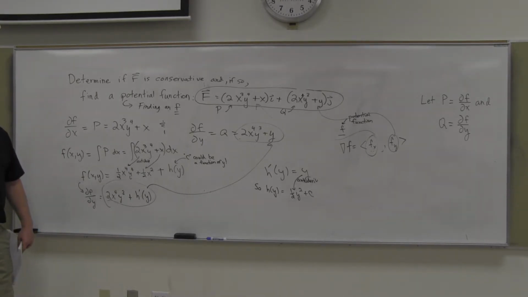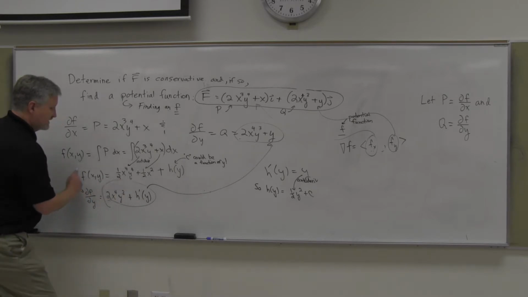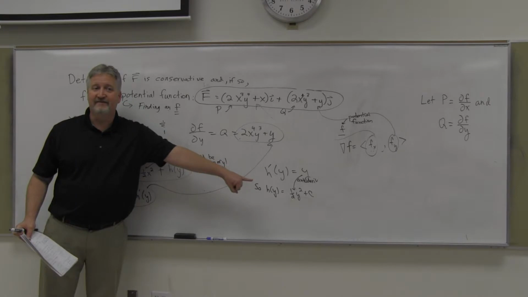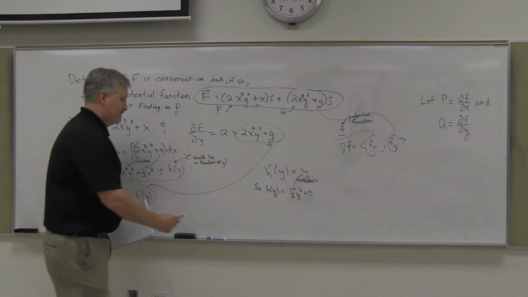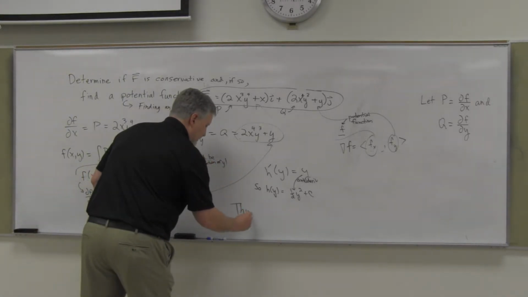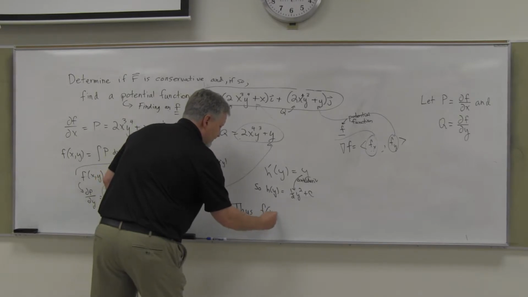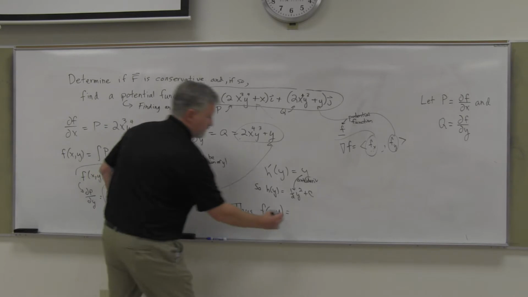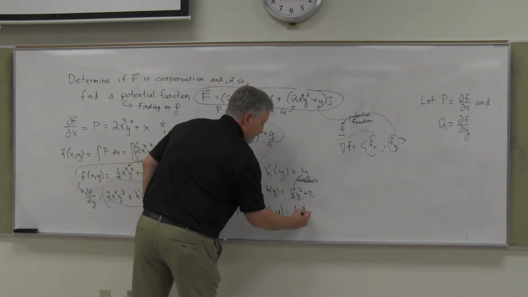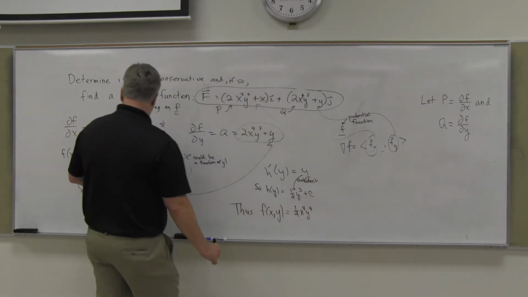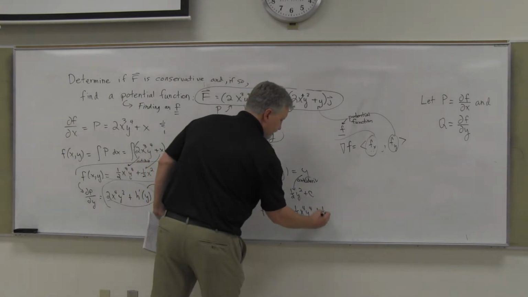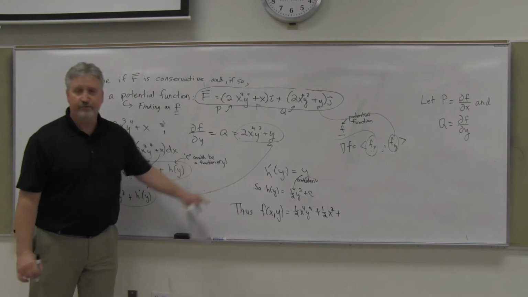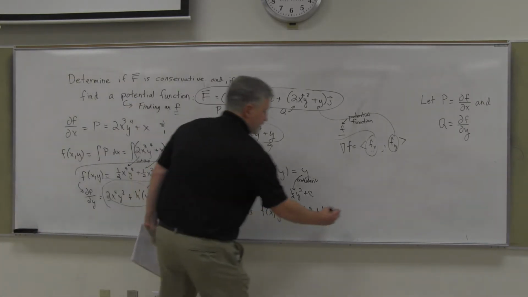I've got this figured out because all that was missing here was h of y. I've got h of y now. I know what it is. So, thus, last but not least, f of xy equals, this was my start of it, 1/2 x to the 4th y to the 4th plus 1/2 x squared plus h of y, but now I know h of y is 1/2 y squared plus c.